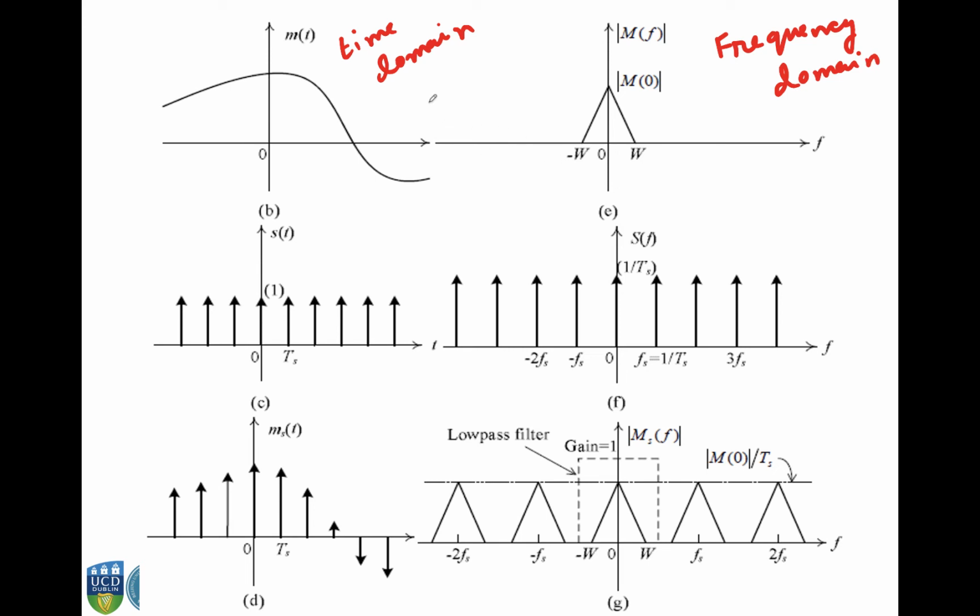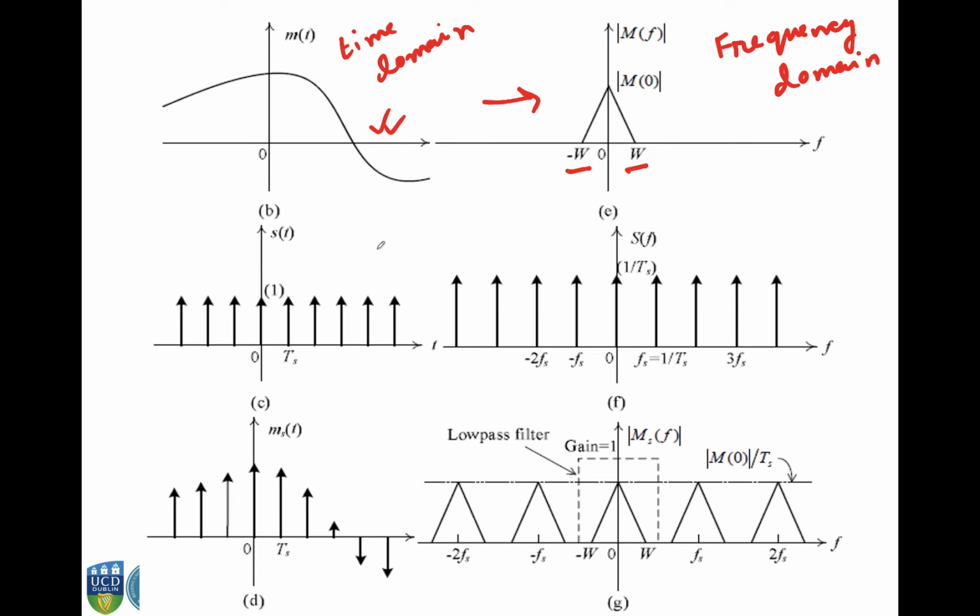If you take the Fourier transform of this signal, you get this frequency domain signal. Let's imagine that the frequency domain signal is band limited between plus W and minus W. That's the maximum range of frequencies that the signal contains.